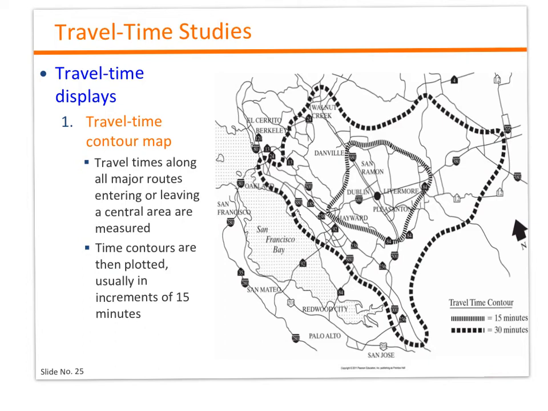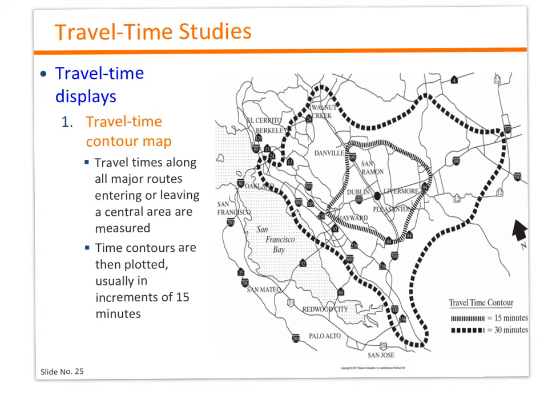Another way to show travel time study outcomes is by showing a travel time contour map. This here is an example of that map. For a travel time contour map, the travel times along all major routes entering or leaving a central area are measured.